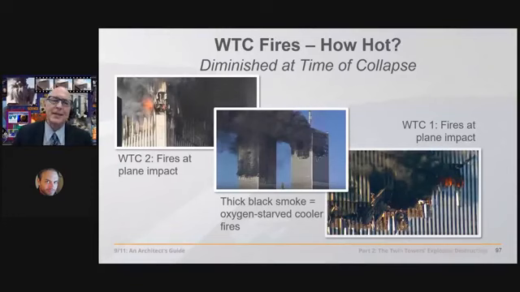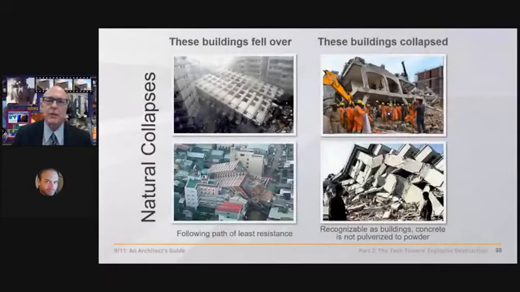Let's look at buildings that did suffer natural collapses, in this case due to earthquakes. These buildings suffered a lateral force on them, which caused them to fall over. The building doesn't fall straight down through the path of greatest resistance. The concrete is not pulverized to a fine powder.